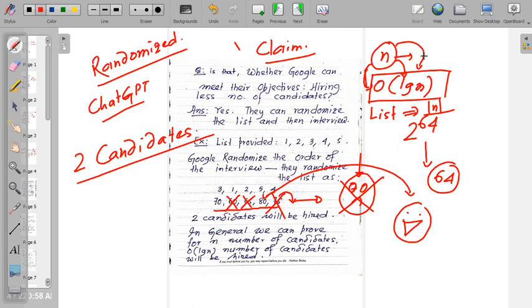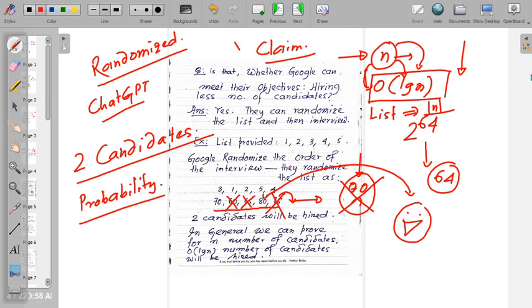Whenever randomization is in place, another thing that comes into the picture is probability. So what we have to do is understand this, because ultimately we are going to prove that with n candidates, if I randomize, then we will have order of log n candidates to be hired.